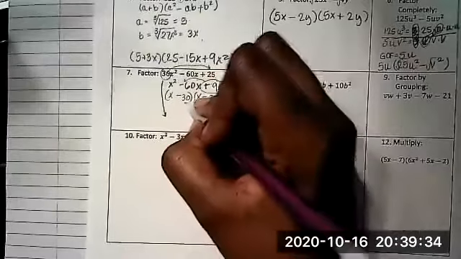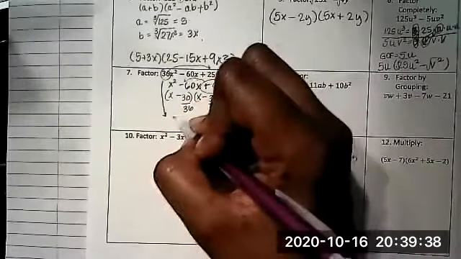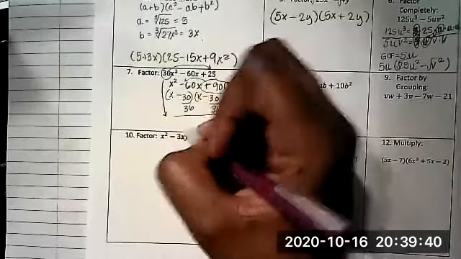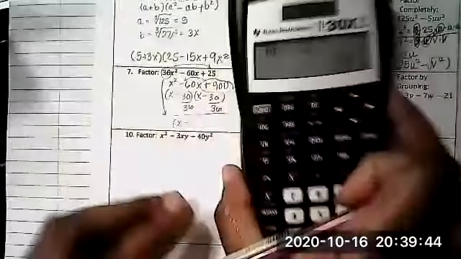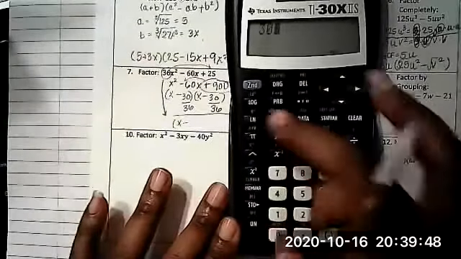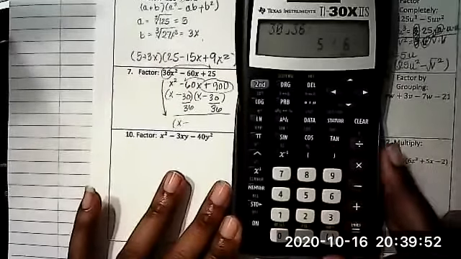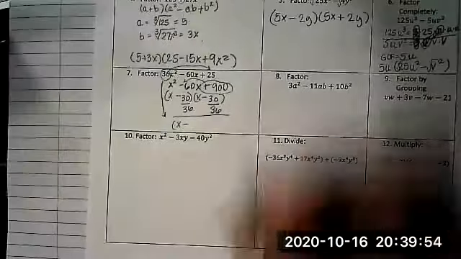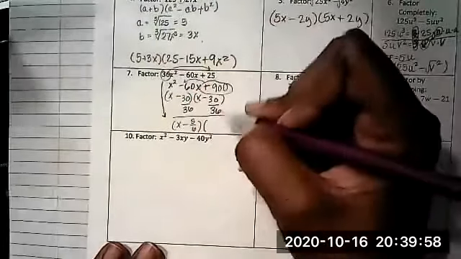Now, don't forget that you had to divide by this 36. So this now becomes x minus, let's put it in our calculator, 30, and I'm going to push this because I want my answer to be a fraction, divided by 36. It looks like 5 over 6. And that's going to happen for both of them because they're the same exact numbers.